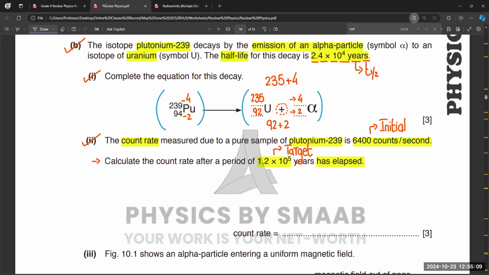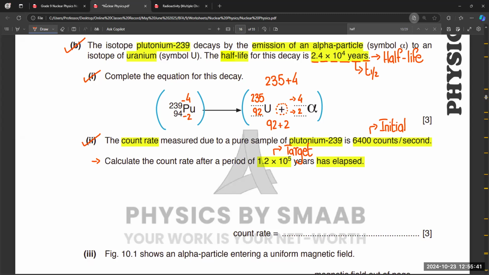So if you compare your half-life, this is your half-life given in the question. So half-life is less than the targeted value, right? Because in half-life we have exponent 4. In targeted value we have exponent 5. It means we need to perform more than one half-life, because your half-life value is small as compared to the targeted value.